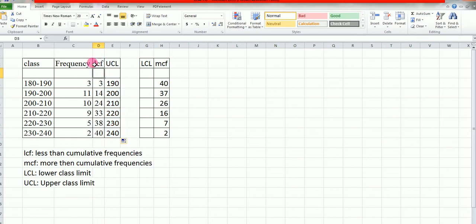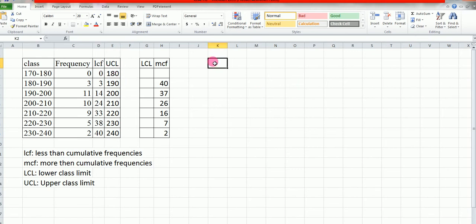Now to touch the LCF curve to x-axis, we are considering one more class previous to the first class, 170 to 180. Its upper limit is 180 with 0 frequency, and its LCF is 0. So it means that LCF curve starts at lower limit of the first class. This is the lower limit of the first class.